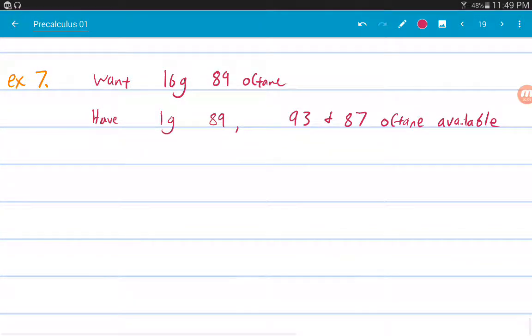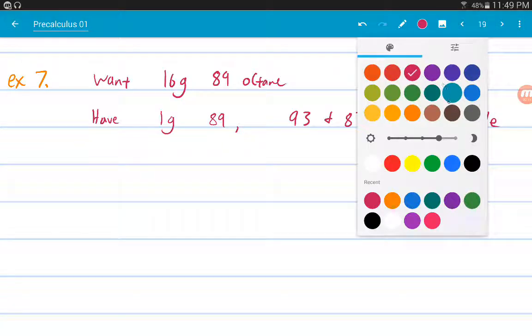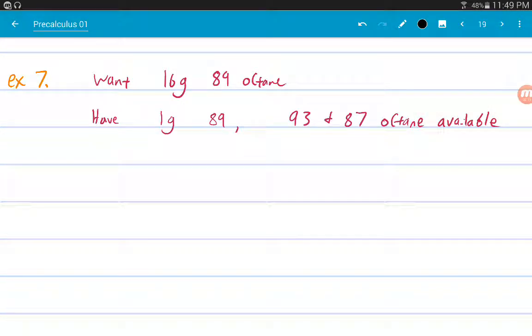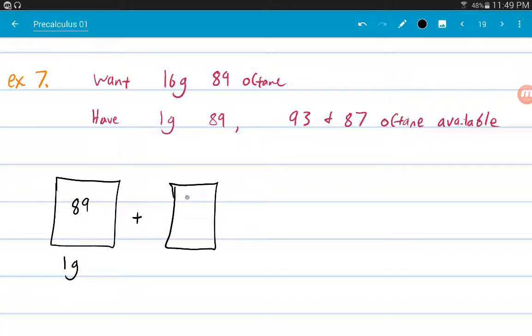So I want to draw this out. We have different containers essentially, so I want to think of it like that. So I have 89 and I have 1 gallon of that. Plus, I'm going to have some 87, and I don't know how many gallons of that yet, so I'm just going to leave it as a question mark gallons.